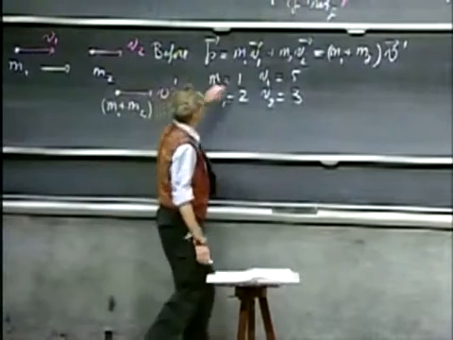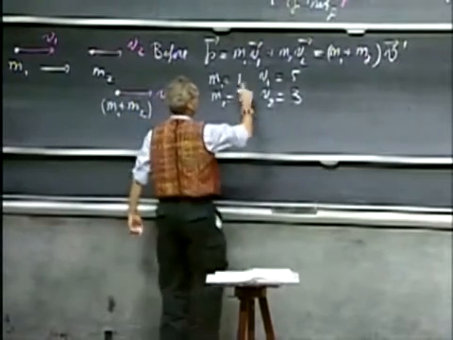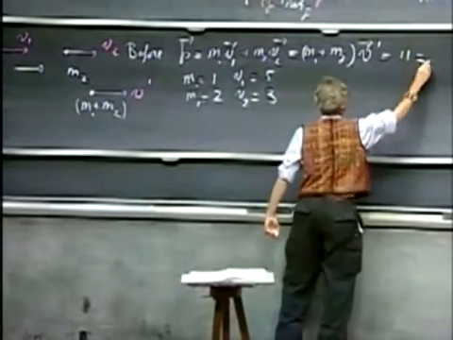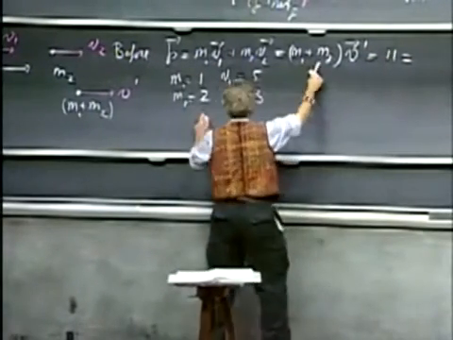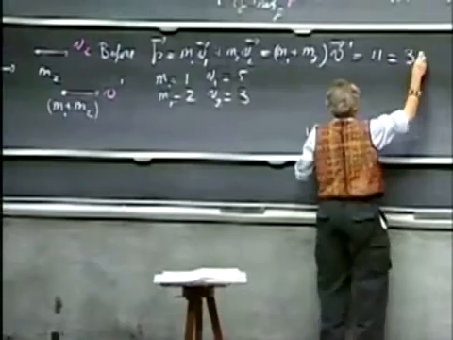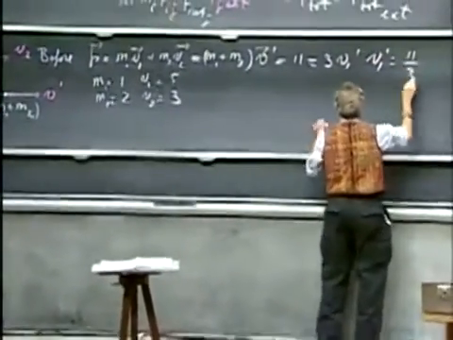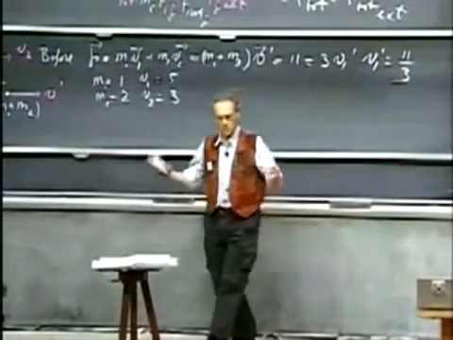Since they're both in the same direction, momentum here is 5 plus 6, which is 11. And 1 plus 2 is 3, so that is 3 times v prime. And so v prime is 11/3 meters per second. So the conservation of momentum tells you what the speed is after the collision.